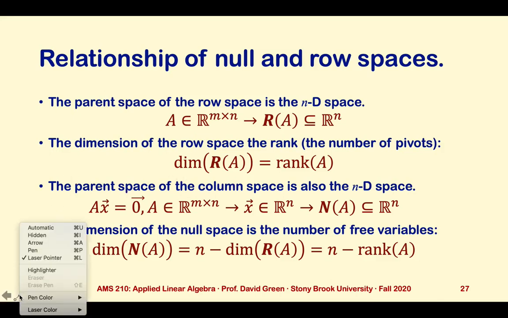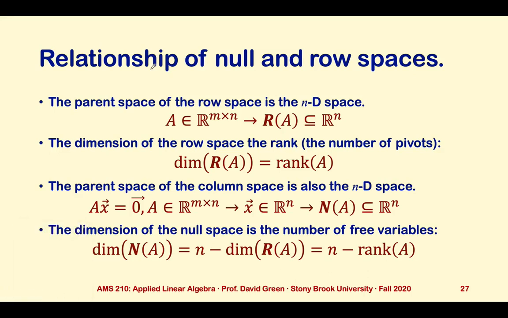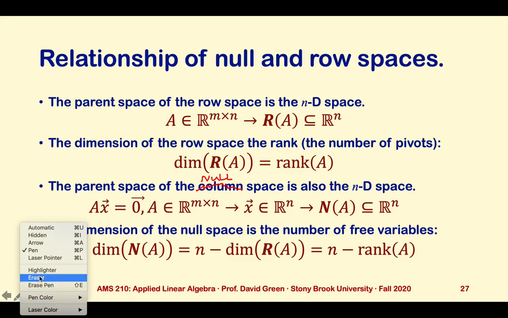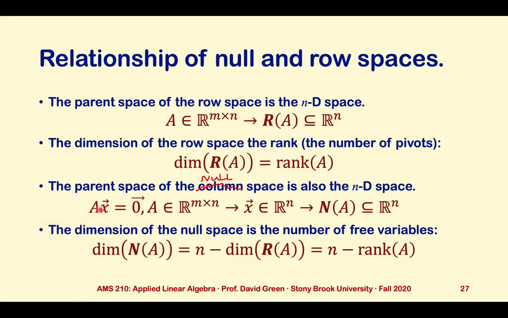The parent space of the null space is also n-dimensional space. Why is this? Well, if we think about the problem of AX equals 0, A is an m by n matrix, which means that X has to be a length n vector. X represents the number of variables. There's as many variables as there are columns in the coefficient matrix. Right?